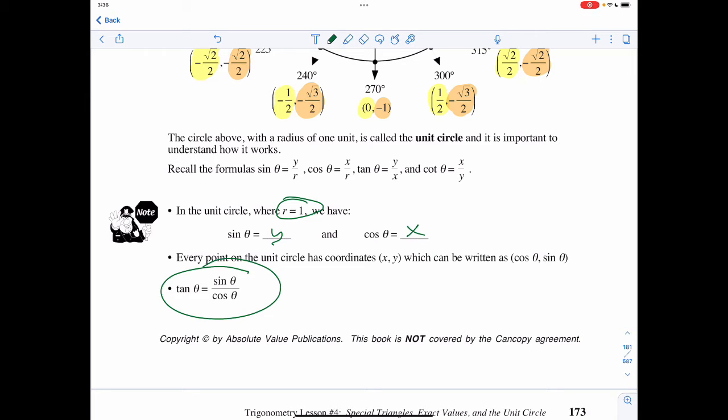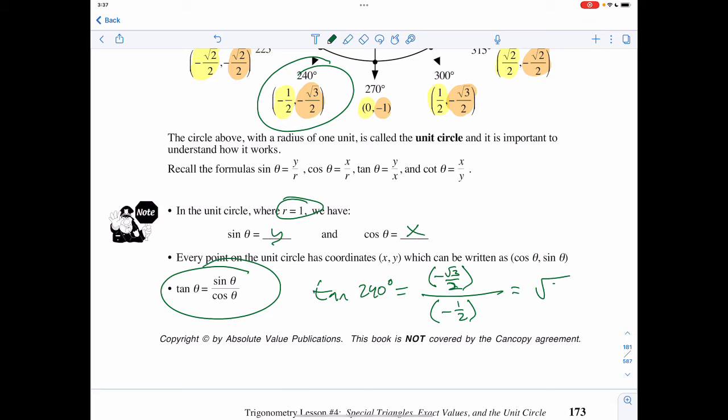If I want to figure out what tan of 240 degrees is, then I would look at my unit circle and I would take my y value, negative root 3 over 2, divided by my x value, negative 1 over 2, and that's going to give me positive root 3.